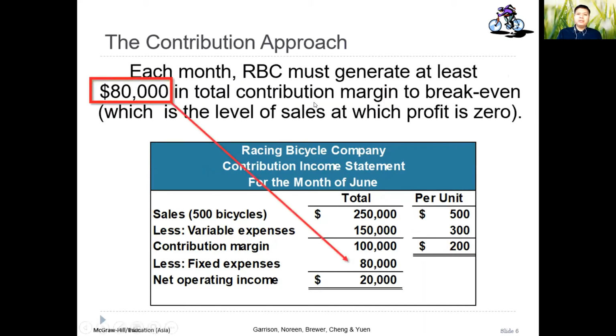Each month, RBC must generate at least 80,000 in contribution margin in order to break even. So we are introducing here the term break even. When your contribution margin is equivalent to your fixed expense, let us say this is 100,000, your fixed expense is 100,000, then the number here is 0.